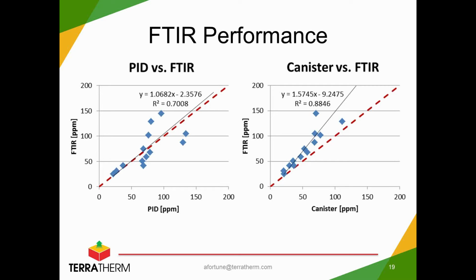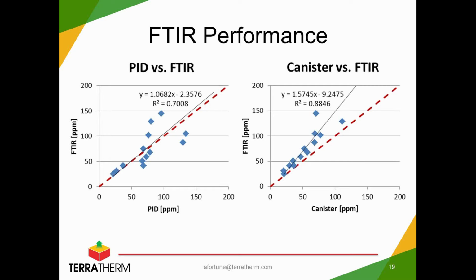Not only is it just a grab sample collected in a Tedlar bag, screened with the PID, but as we all know, anyone who's been out there, there's always issues with the PID, and we have different site operators running that from day to day, and they might have some small variations on how they're doing things. So that spread didn't necessarily surprise me too much.